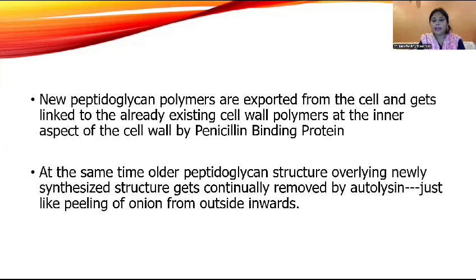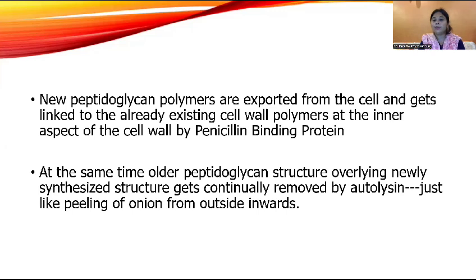So new peptidoglycan polymers are exported from the cell and get linked to the already existing cell wall polymers at the inner aspect of the cell wall by penicillin binding protein. At the same time, older peptidoglycan structure overlying the newly synthesized structure gets continually removed by autolysin.